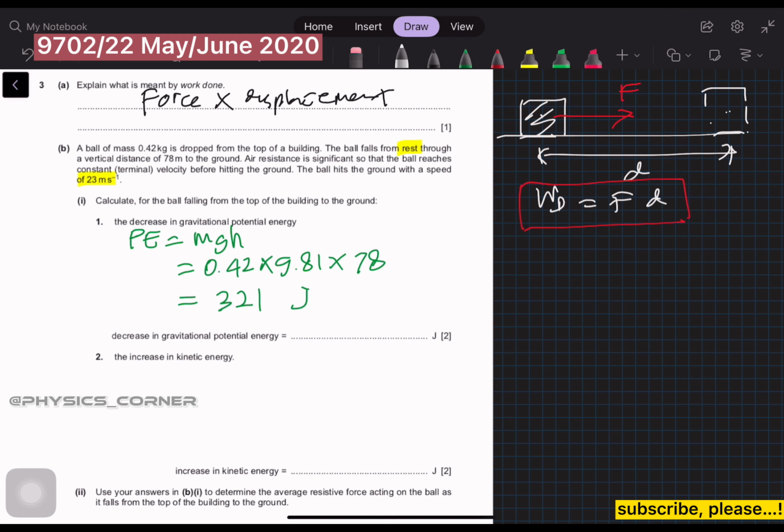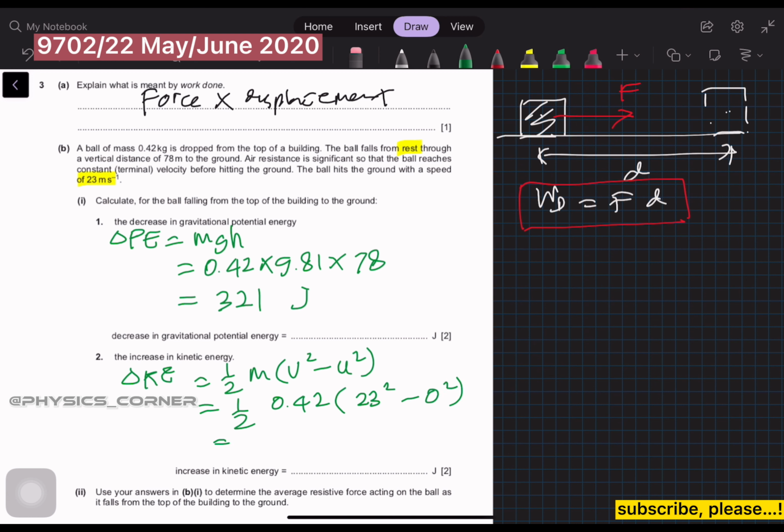So we can write the kinetic energy change, delta KE, as half m (v square minus u square). Half the mass is 0.42, then v is 23 square minus 0 square.